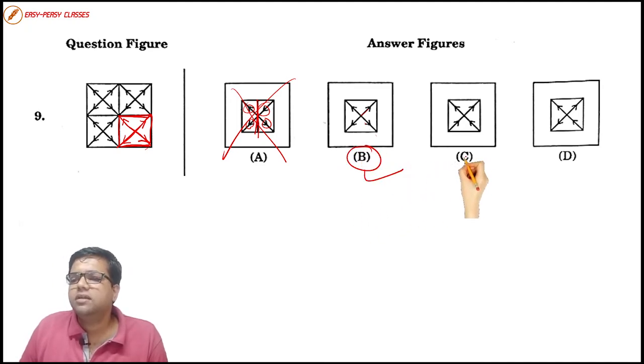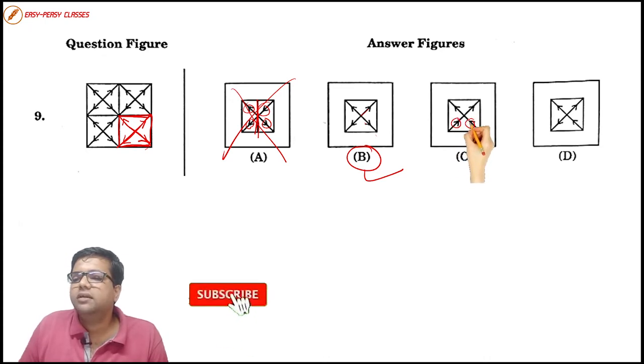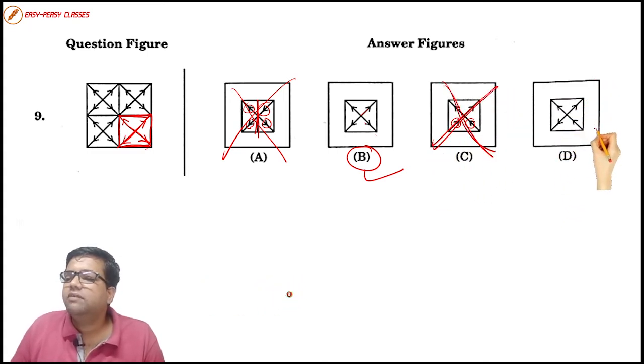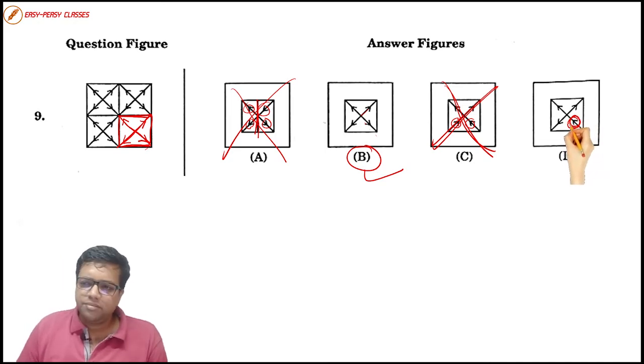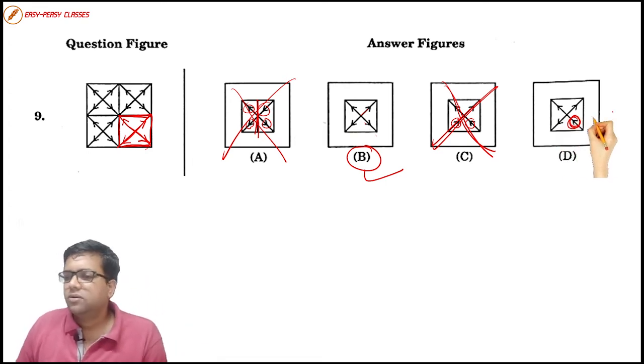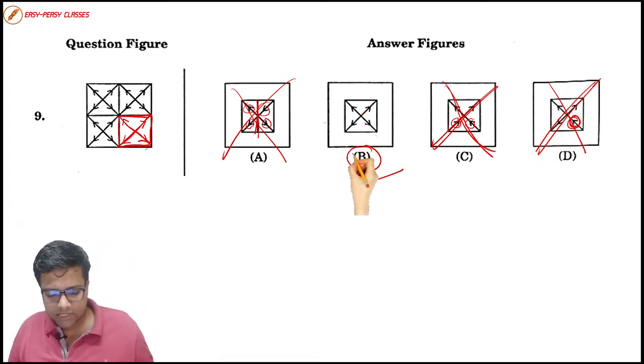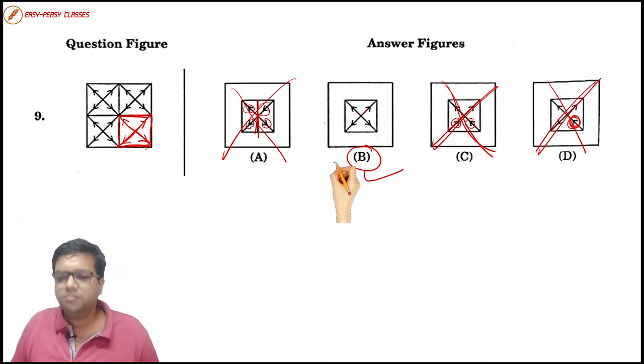Let us see what is there in our C. In C also we have diagonals, but the arrows are not moving outside. Two of them are moving outside, two of them are moving inside, so we eliminate this. Option number D, we have diagonals, we have arrows also. Only one is actually breaking the logic, breaking the series pattern, so we eliminate this as well. So henceforth our answer for question number 9 is option number D.